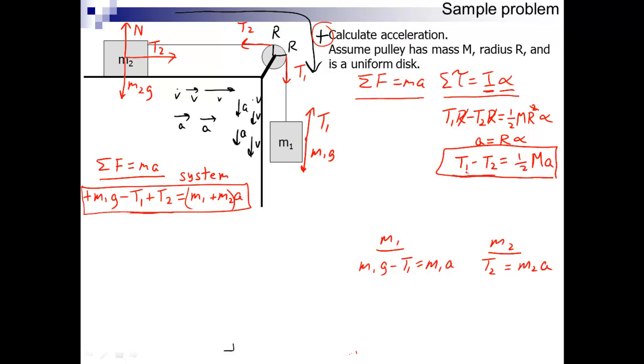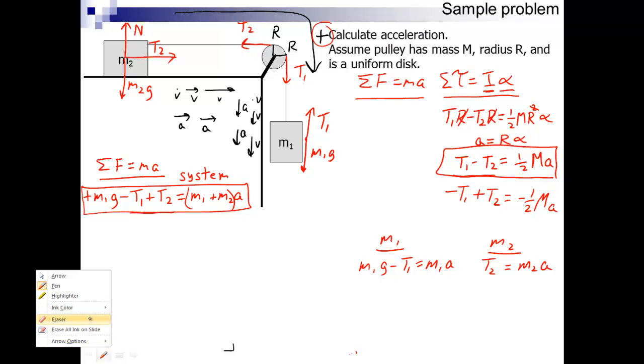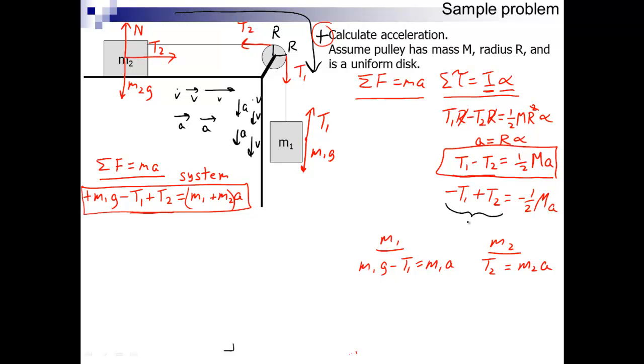So if I just change the signs here and I make this minus T1 plus T2, this will equal negative 1/2 MA. And then what I can do is take that equation and plug it into the other equation by simply taking this section of it and plugging it into there.